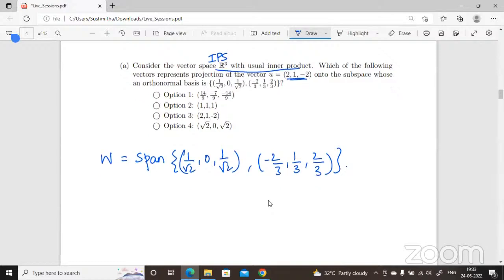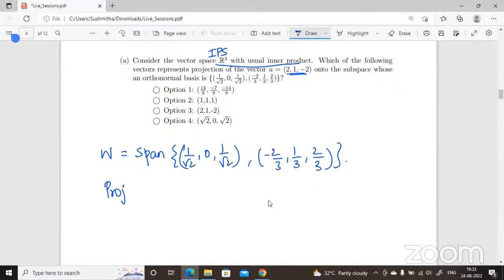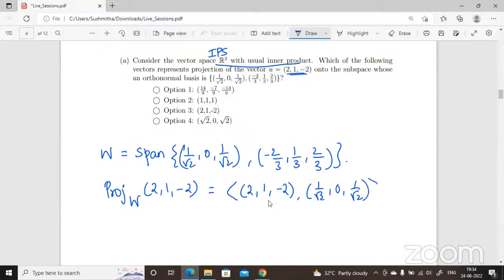Now, how will I check the projection? Projection of (2, 1, -2) onto W. Take the inner product of (2, 1, -2) with (1/root 2, 0, 1/root 2), times the vector.